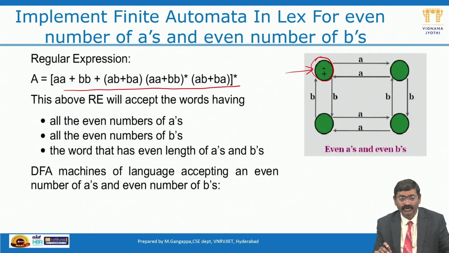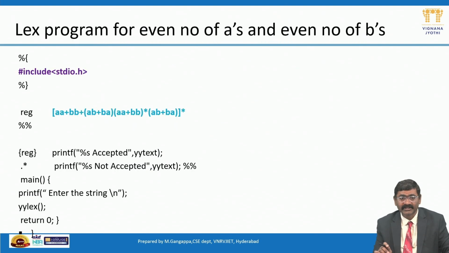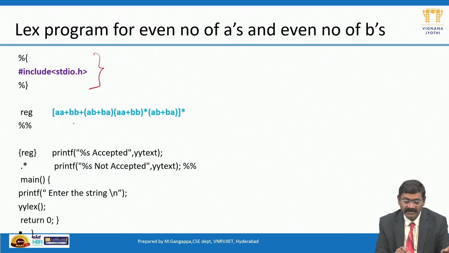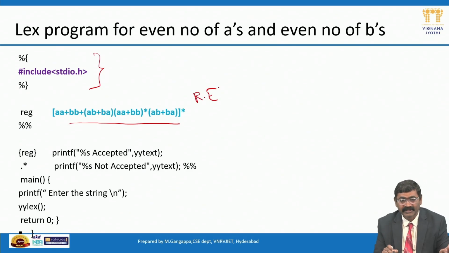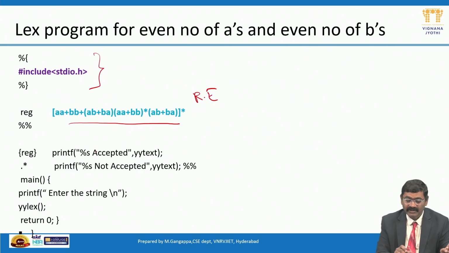Here I am going to show you how to write the program for that. This is quite a similar program to the previous program. Here is the declaration section, and this is the regular expression for recognizing an even number of A's and an even number of B's, right? So whenever an even number of A's and B's is supplied, the string goes here, because that string is acceptable.